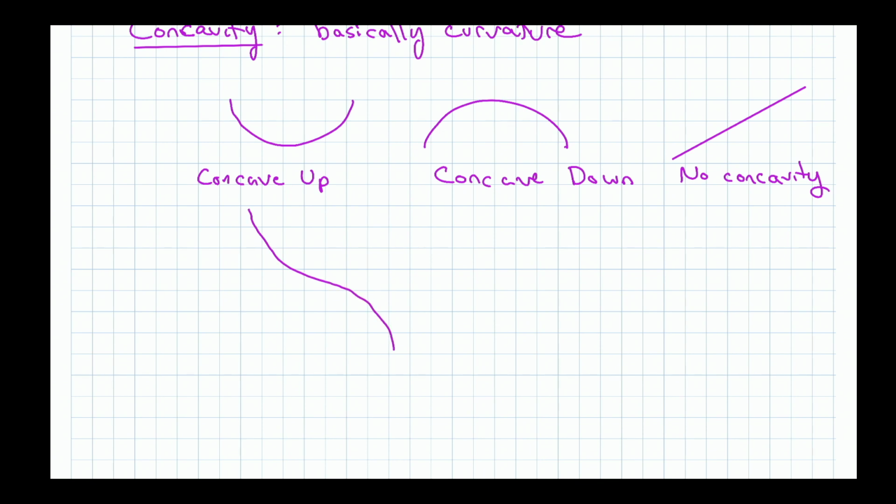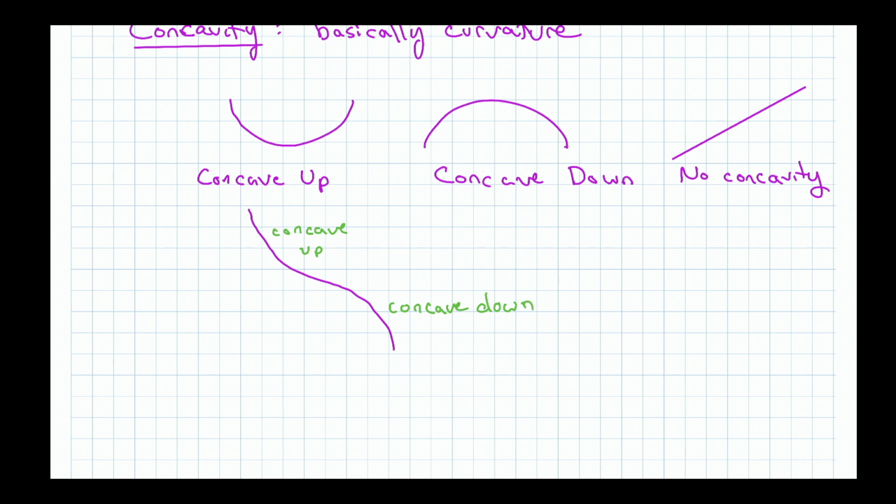If you take a look at this piece of the graph, and again, slope doesn't matter, this top section looks concave up. It looks like part of the concave up graph. And then down here, it looks concave down.